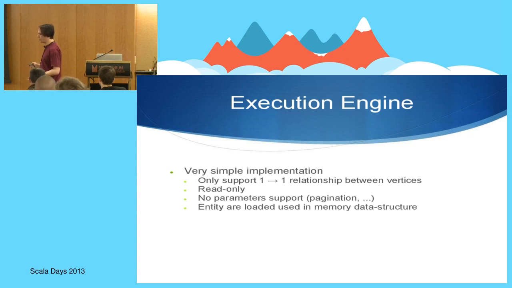There is no parameter support, so a mapping only describes how to get one node from another, but you cannot do, for example, pagination or filtering to ask for an entity by ID or things like that. And entities are loaded using an in-memory data structure. It's just to show how the different pieces fit together, but it's really not something you would use for production.